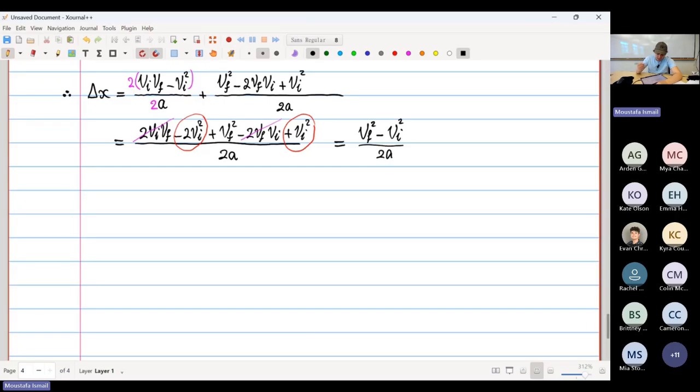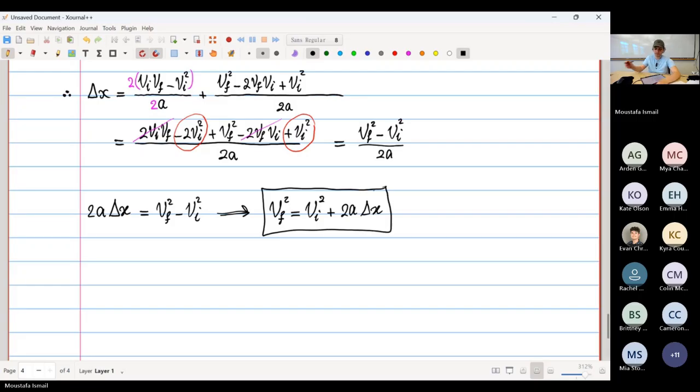So if we multiply both sides by 2A, we get delta x times 2A is equal to V final squared minus V initial squared. And then you can rearrange that to get V final squared equals V initial squared plus 2A delta x. This is the third equation.